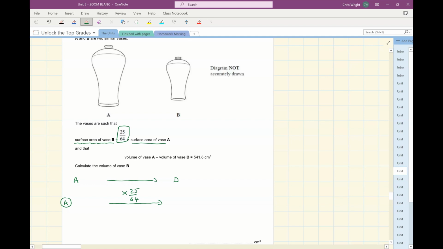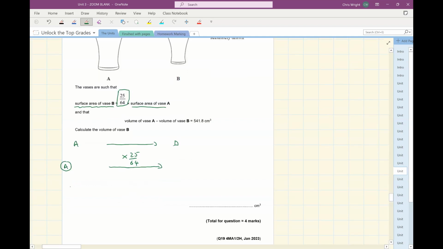That means I can work out the linear scale factor from A to B, the square root of 25/64, which is 5/8, and the volume scale factor from A to B, which will be 5/8 cubed, which is 125/512.